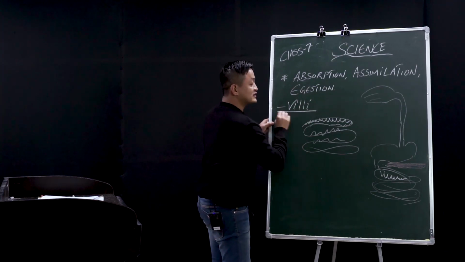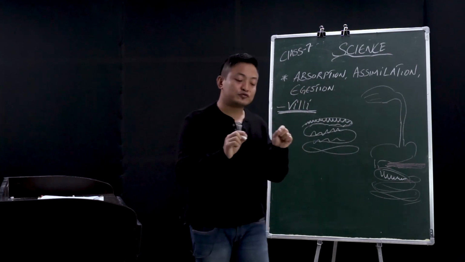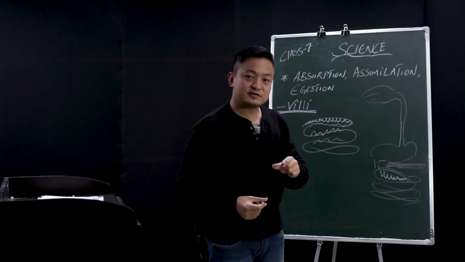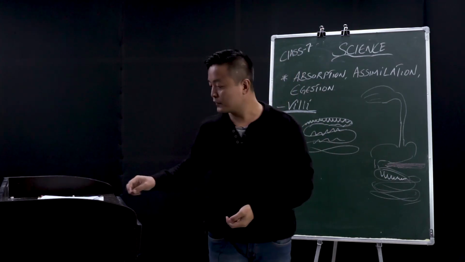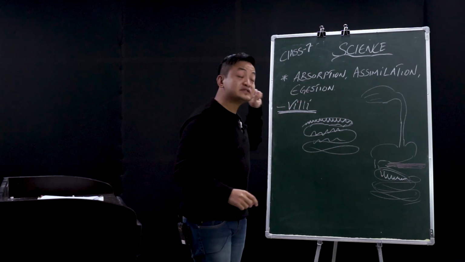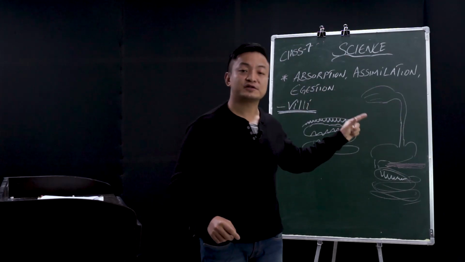Villi. So this is the name given to the finger-like outgrowths. Clear? And this is very important because it will help in the absorption of food.